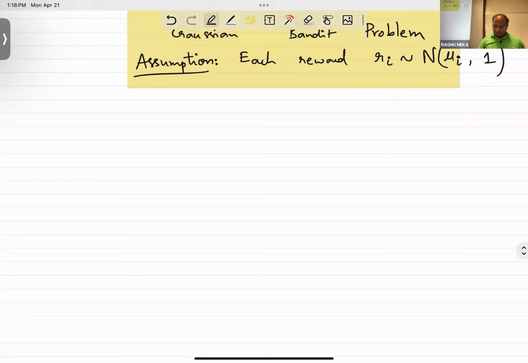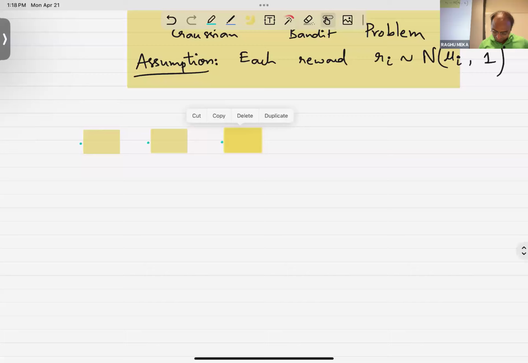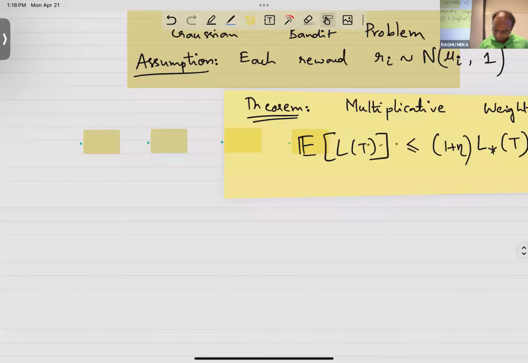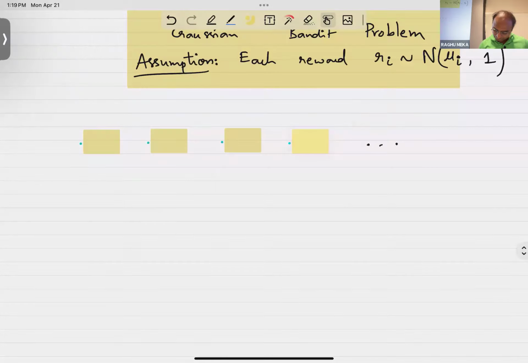Right. So the picture you should keep in mind is somehow, we have choice 1, and so on.